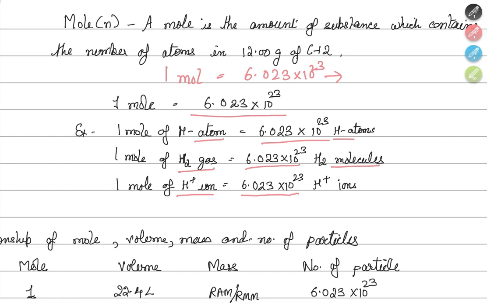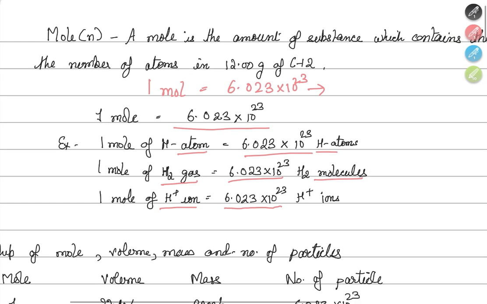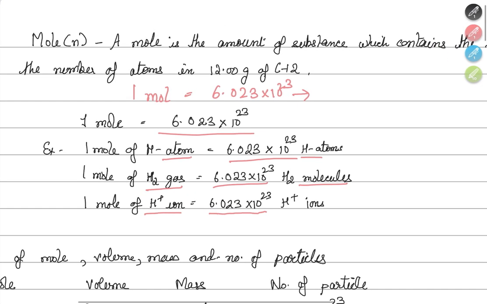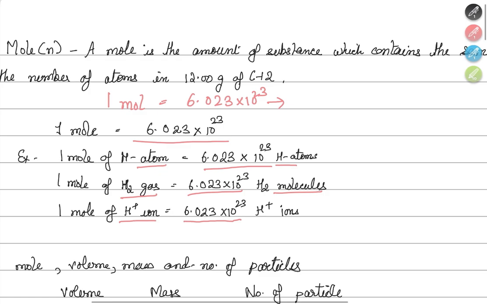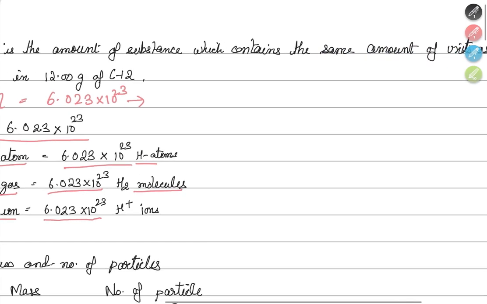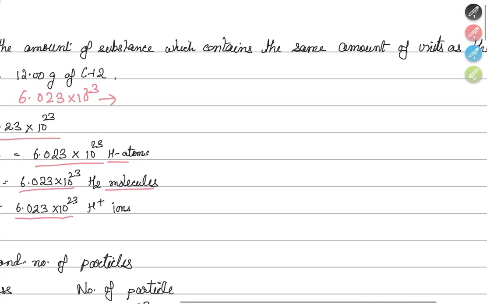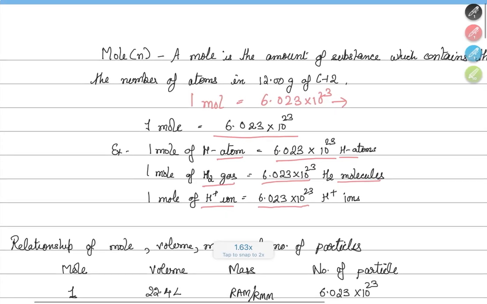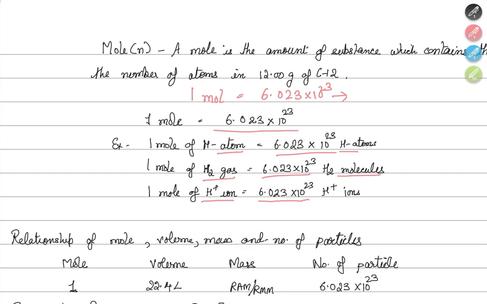So the mole concept, in terms of definition, is also very important for the chemistry exam, because it comes for a 1 mark definition. To score centum in chemistry, you need to focus on the definitions in the chemistry syllabus. So what is a mole? You can see here, a mole is the amount of substance which contains the same number of units as the number of atoms in 12 gram of carbon atom.